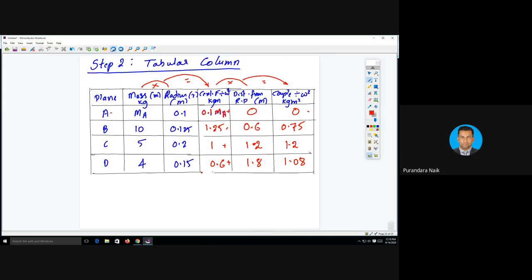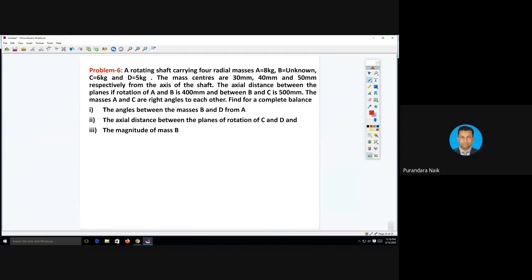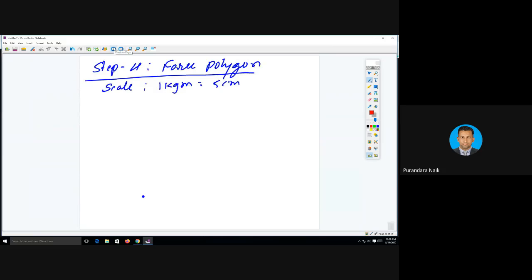Okay, A is unknown. You just make it 0. This is unknown. Next, B is 0 angle, but the centrifugal force of B is 1.25. 1.25 into 5 will get 6.25 centimeter along the 0 degree line.